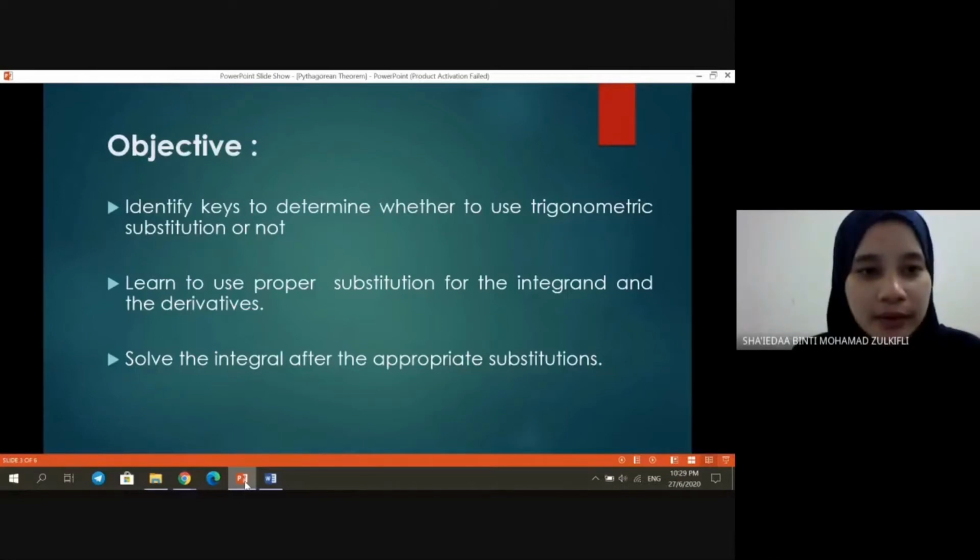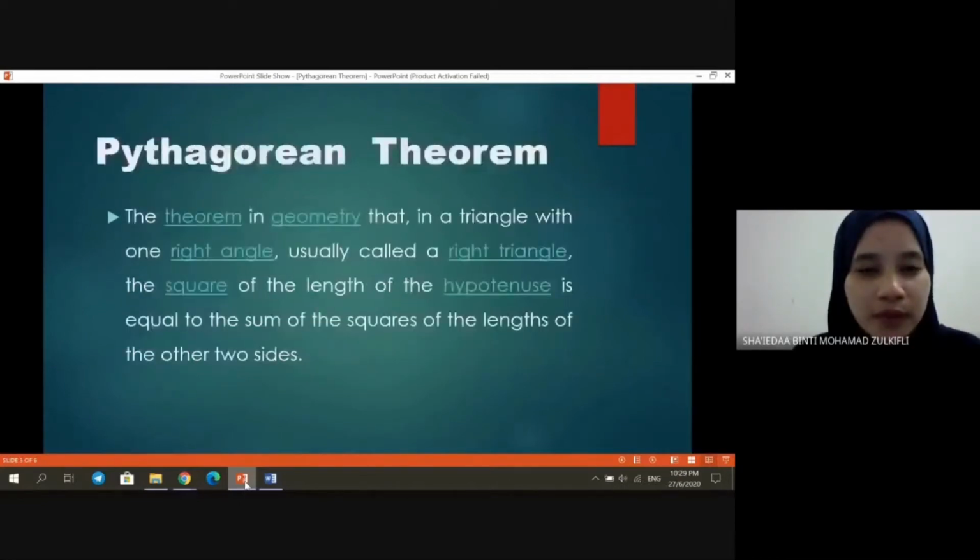Next, the meaning of Pythagorean theorem: in geometry, in a triangle with one right angle, usually called a right triangle, the square of the length of the hypotenuse is equal to the sum of the squares of the lengths of the two sides.